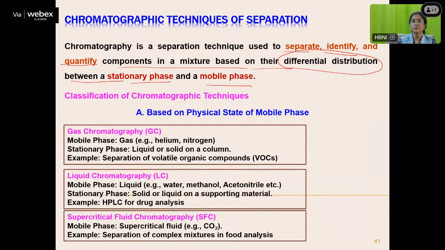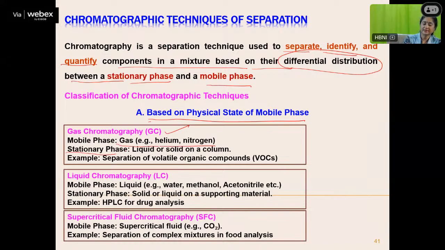There are different chromatographic techniques, and the classification is basically of three types. First one is based on the physical state of the mobile phase. Here you can have gas chromatography. The mobile phase is a gas, for example, helium or nitrogen.